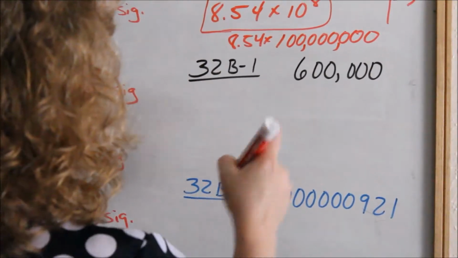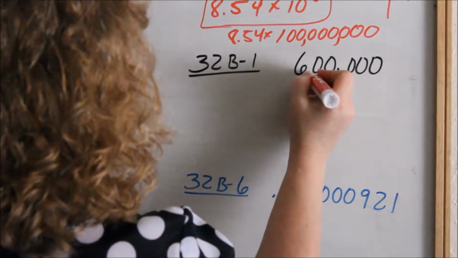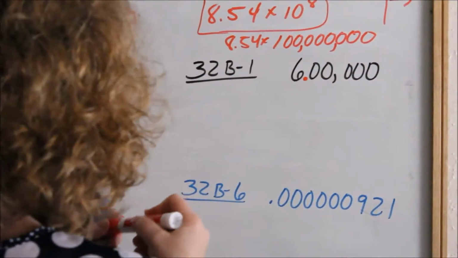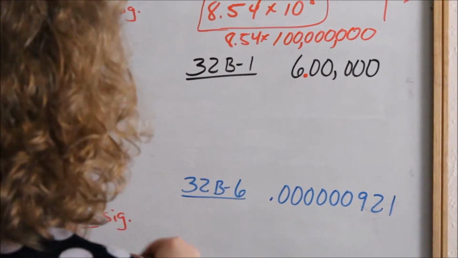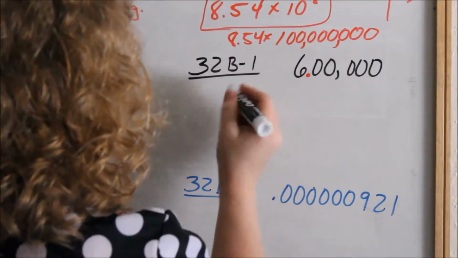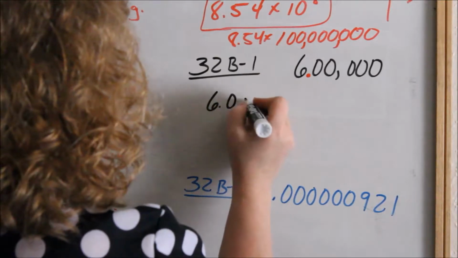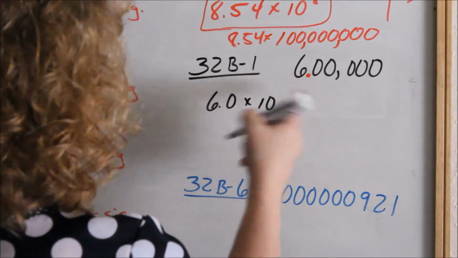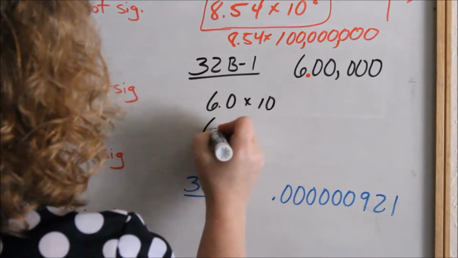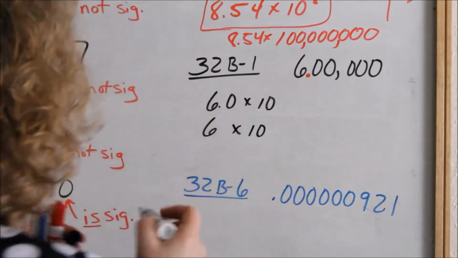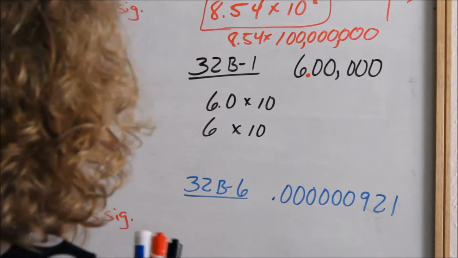Okay, again, the standard form of doing scientific notation is putting your decimal right after the first digit. So when I write it, I would either write 6.0 times 10 to the something, or you can just write it as 6. 6.0 and 6 are the same thing.